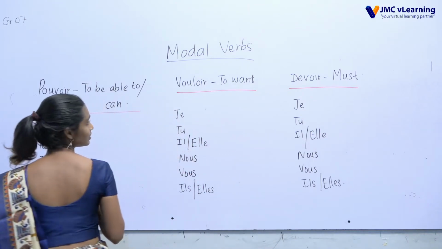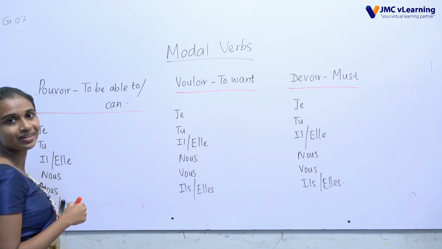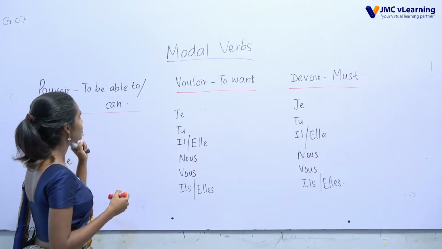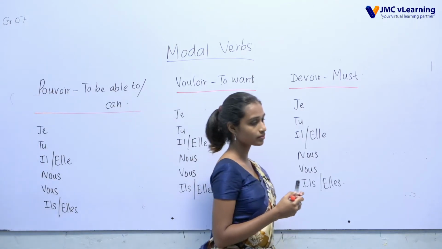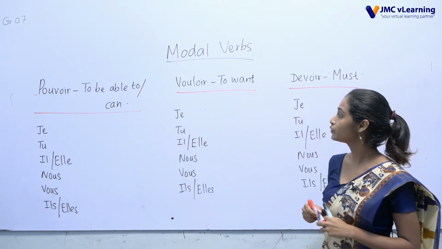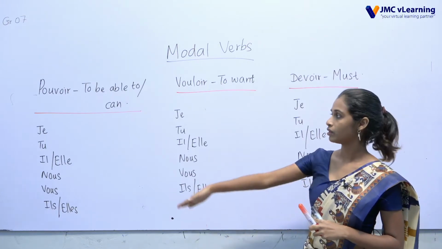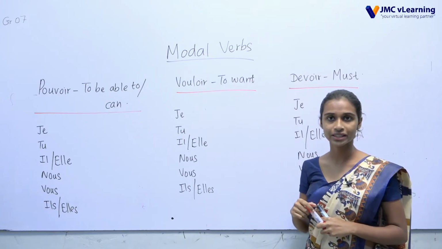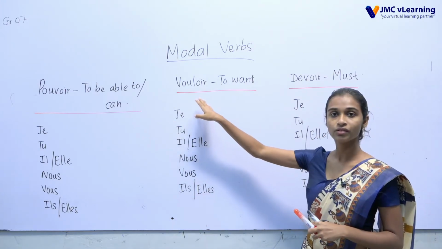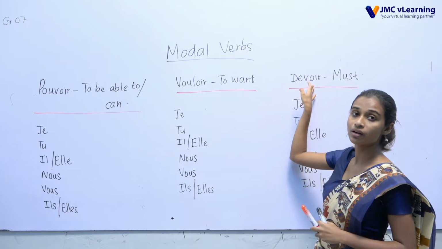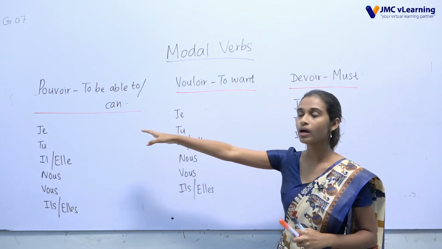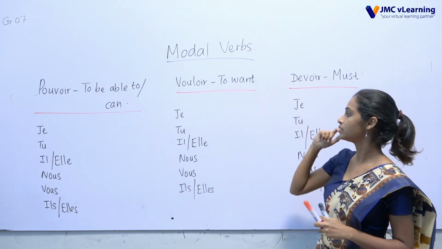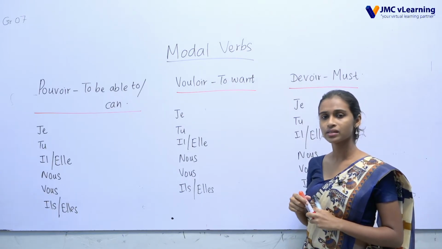Now see what I have written on the whiteboard, okay? So now here I have written 3 verbs, pouvoir, vouloir and devoir. What are they? Pouvoir, vouloir, devoir. Once again, pouvoir, vouloir and devoir, right?